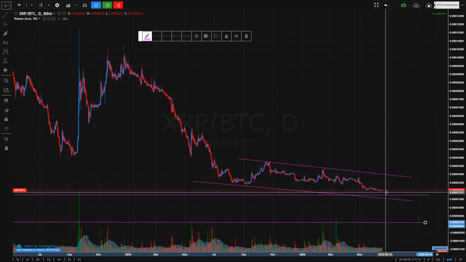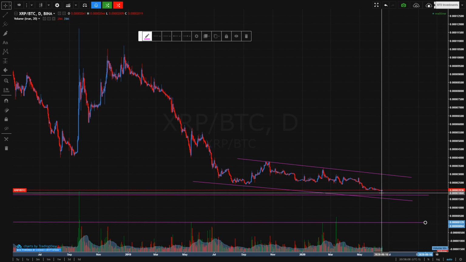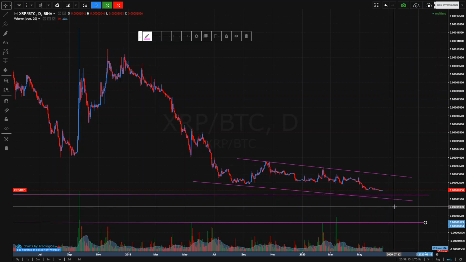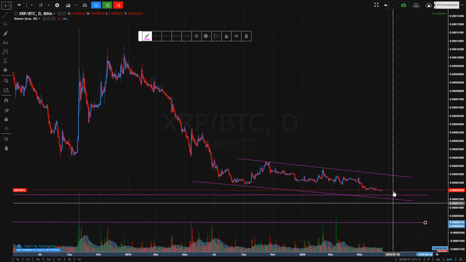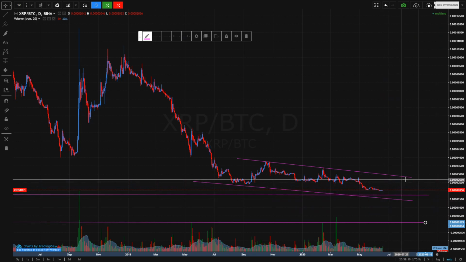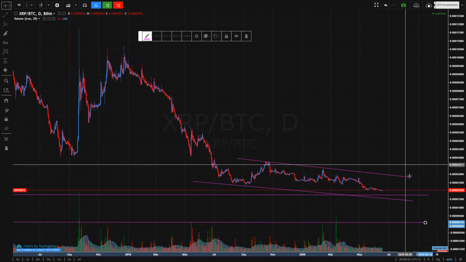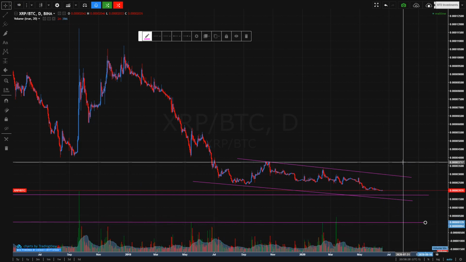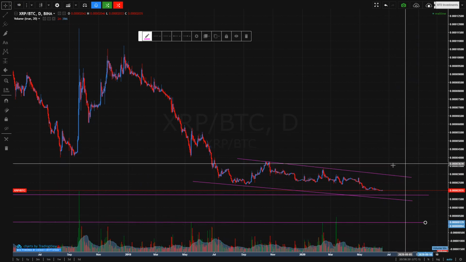Ideally, if I was going to be interested in Ripple, I would have to see price, not necessarily, but ideally come down here, test these areas, show buying strength, come back up to this top trend line, push out of it, retrace, and have more strength there on a big volume spike, and then I'd be interested.